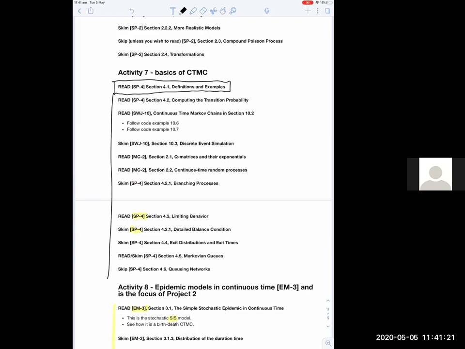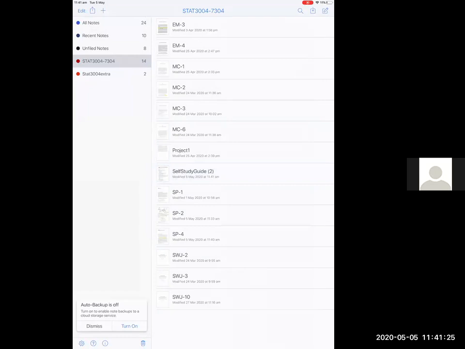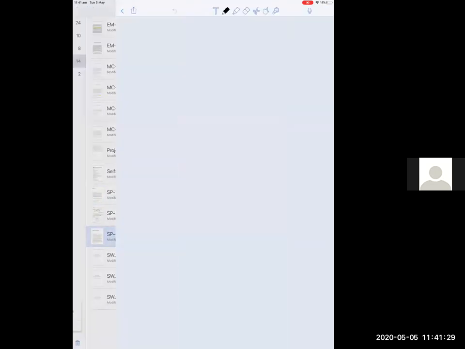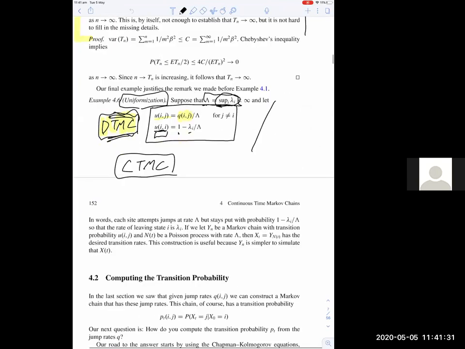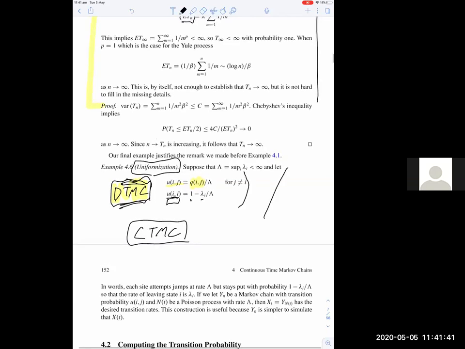Xian is asking what sup I is in the notation. Sup I is a supremum over all states lambda I. The supremum is the smallest upper bound of this set. When you take a supremum of a set of numbers, lambda 1, lambda 2, lambda 3, say indexed by the natural numbers, the set can be infinite.